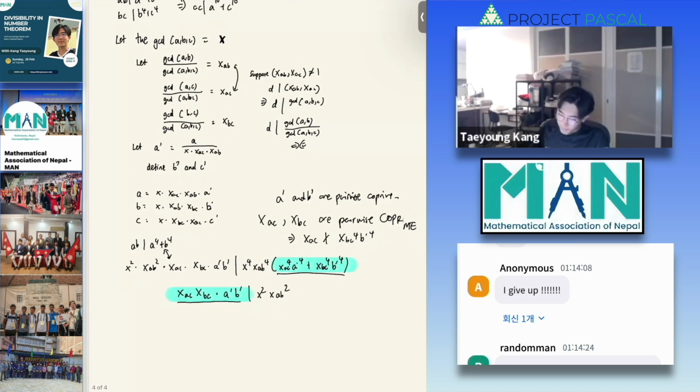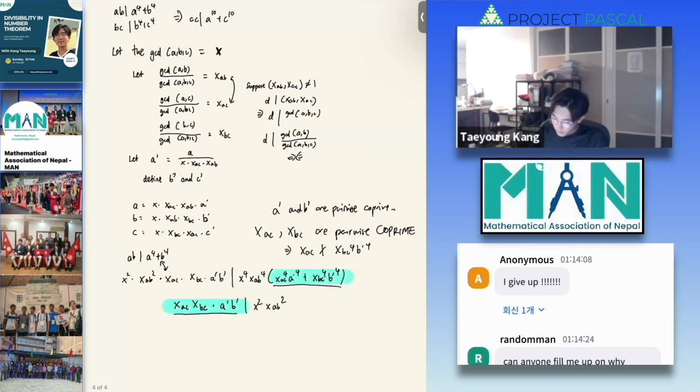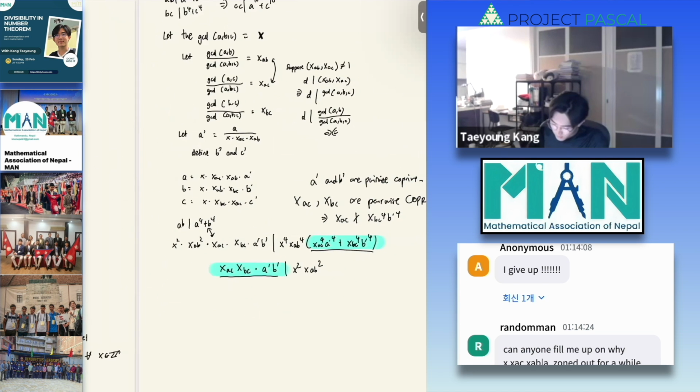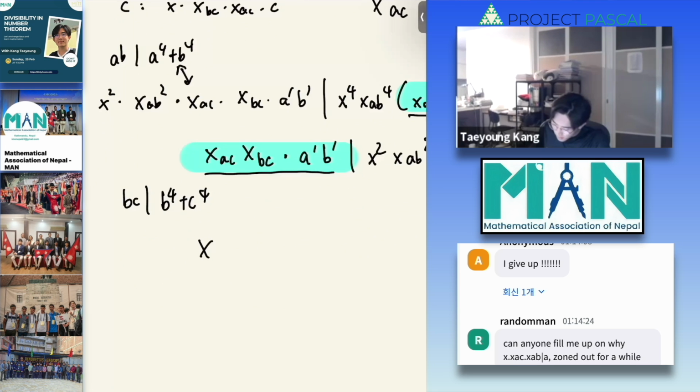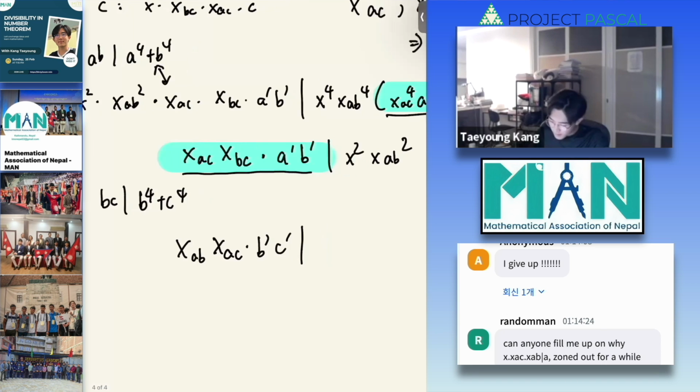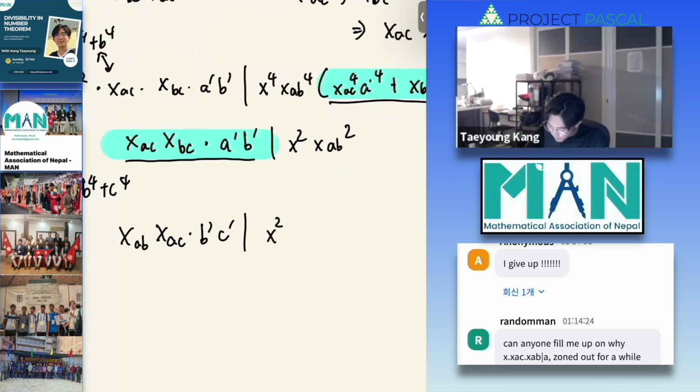So the other divisibility condition, which is BC divides B to the power of 4 plus C to the power of 4, implies that x_AB x_AC times B' C' divides x squared x_BC squared.